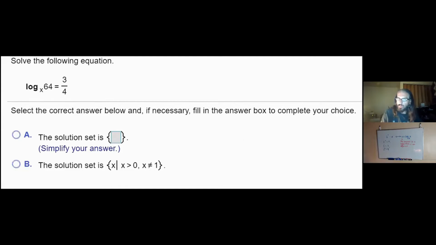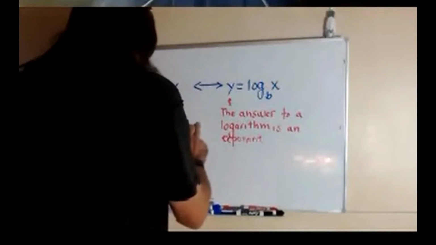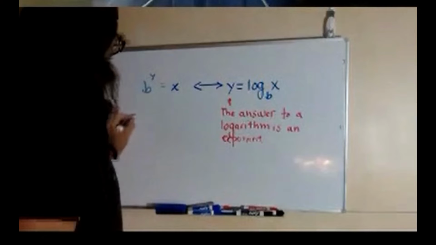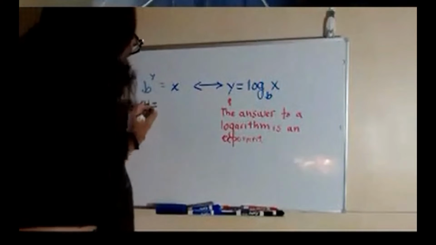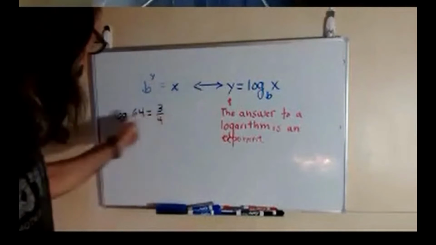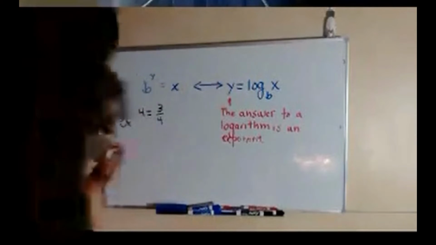So now we have to solve the equation log of 64 base x equals 3/4. So the answer to that logarithm, 3/4, that's going to be the exponent, and x is the base.